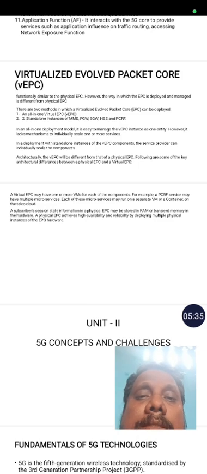It is easy to manage the EPC instances as one entity. However, it lacks mechanisms to individually scale one or more services.